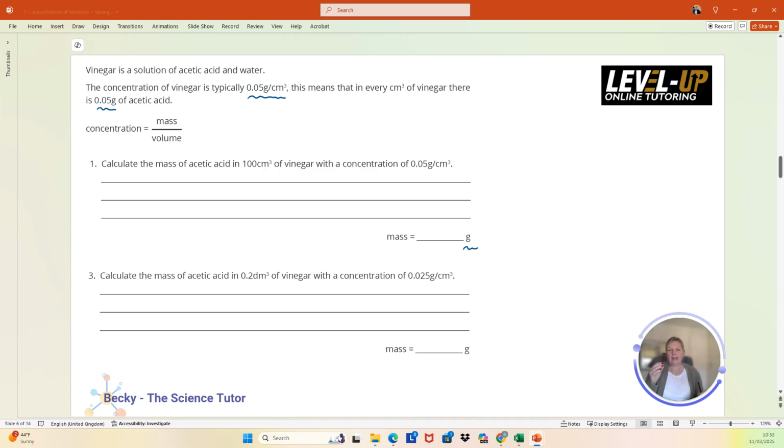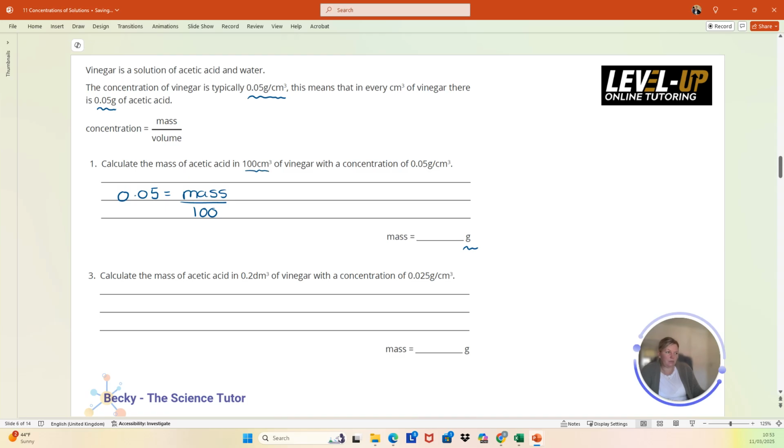If we had a concentration that was in grams per decimetre cubed, and we wanted the answer out in grams, because our grams per decimetre cubed doesn't work, we'd have to change that around. But because it's okay, we can go ahead. So the concentration is 0.05. We need to know what the mass is, and we've got a volume of 100 centimetres cubed.